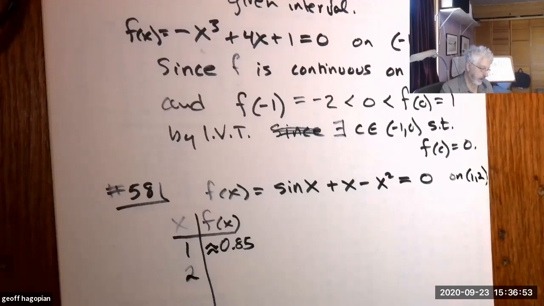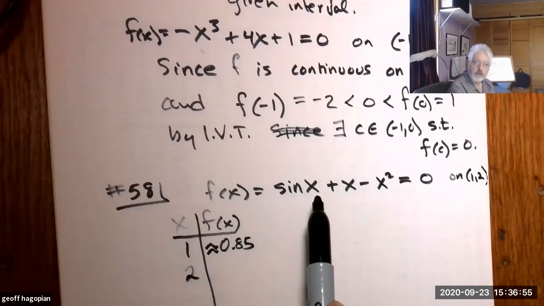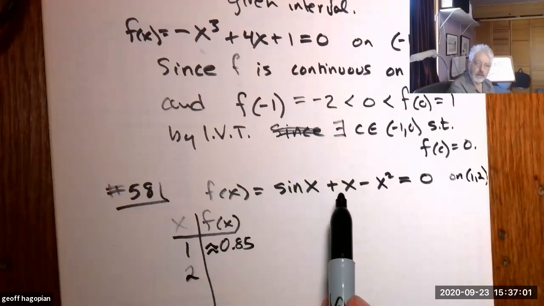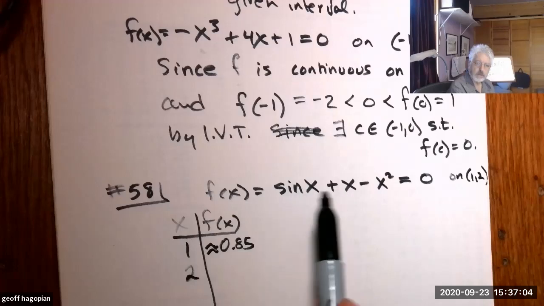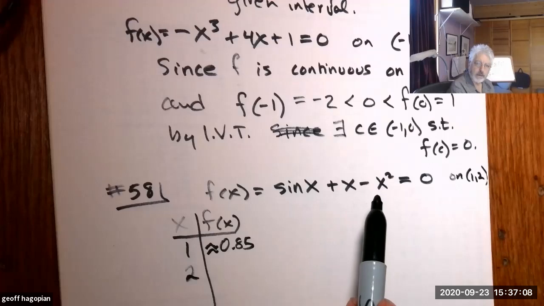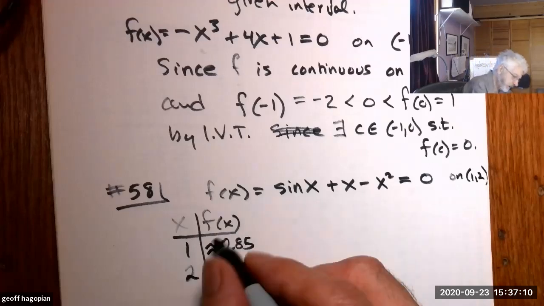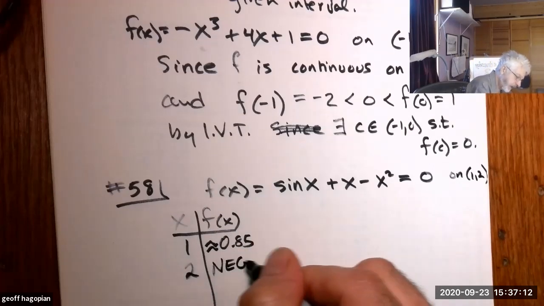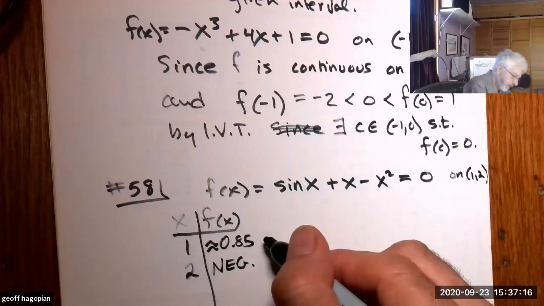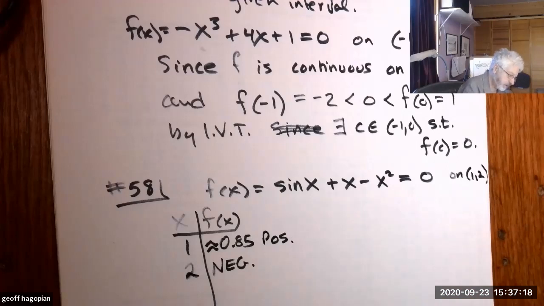How do we know it's going to be negative? Well, this number, let's say it's 0.8 or something like that, has got to be less than 1. This number is 2, so this sum here is going to be less than 3. And we're subtracting 4, so it's negative. I don't even have to compute it. I've justified that it's negative and this is positive. And that's it then.